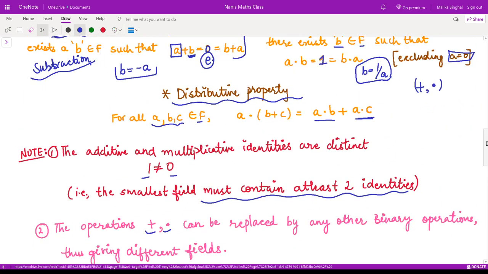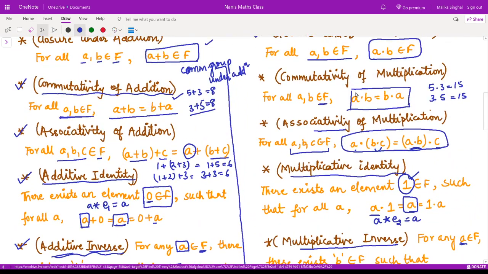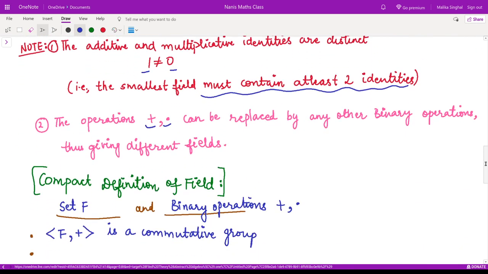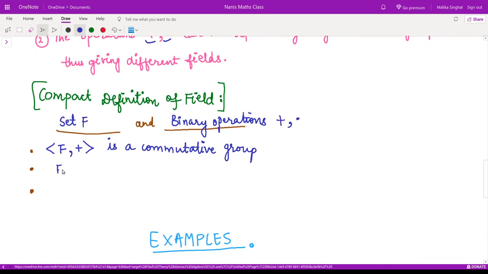Moreover, if you have a look again at these properties, commutativity for multiplication, associativity for multiplication, the multiplicative identity and the multiplicative inverse, they form a group under multiplication, right? So I can say F together with the operation multiplication is also a commutative group defined on the non-zero elements.